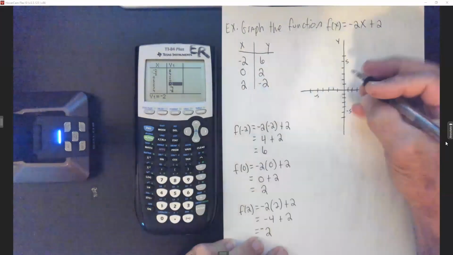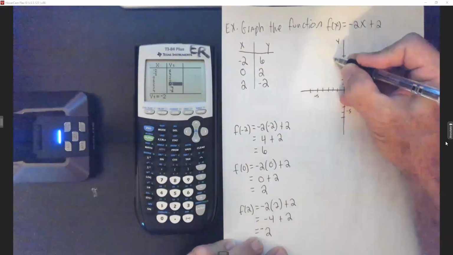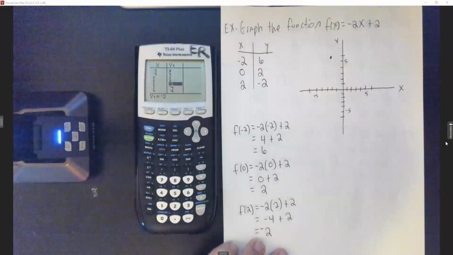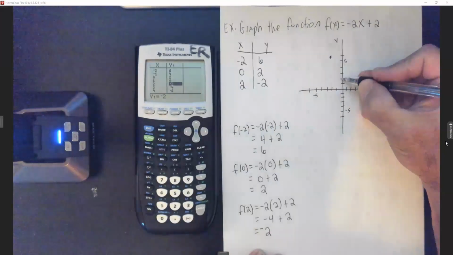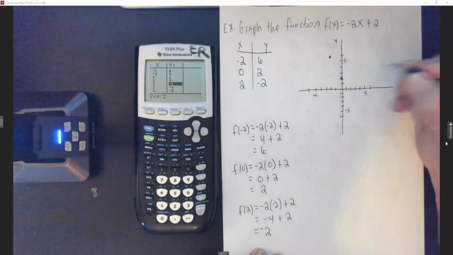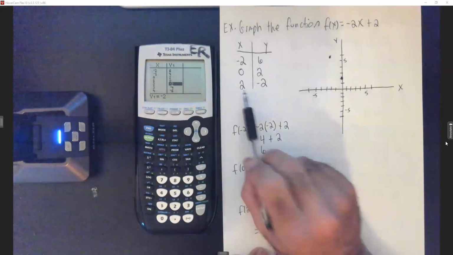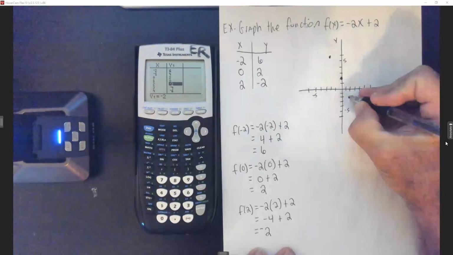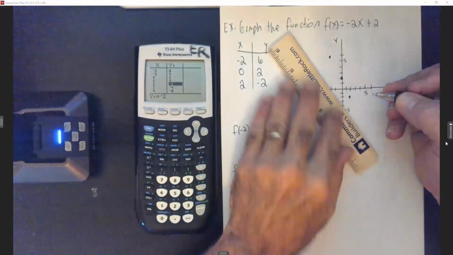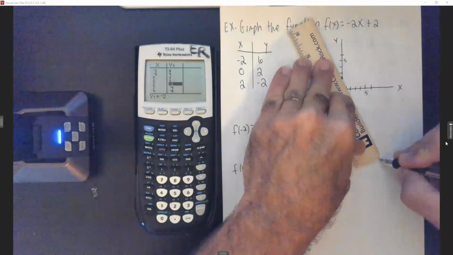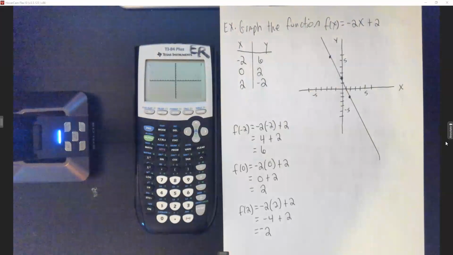So I come over here to negative 2 and go up to the 6. Then I got 0, 2, which is going to be on the y-axis here. So start at 0 and go up 2. So now I can tell what my line's going to do. So the last point was over here at 2, negative 2. And if you notice, I got a line that goes down, and watch this, verified on the calculator. There's that line going down.